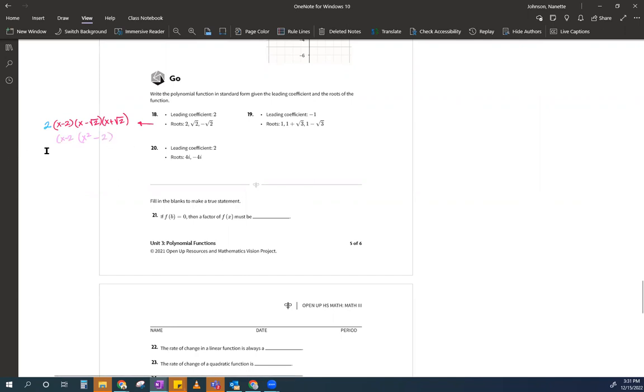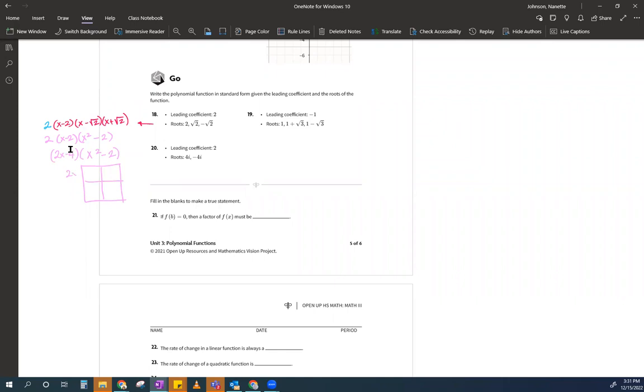So now I have to multiply 2 and this together. So that's not a problem. I'm actually going to multiply this 2 and distribute it here. So that's 2x minus 4 times x squared minus 2. And then I am going to create a box just so I can keep everything all organized. So I just multiply everybody.